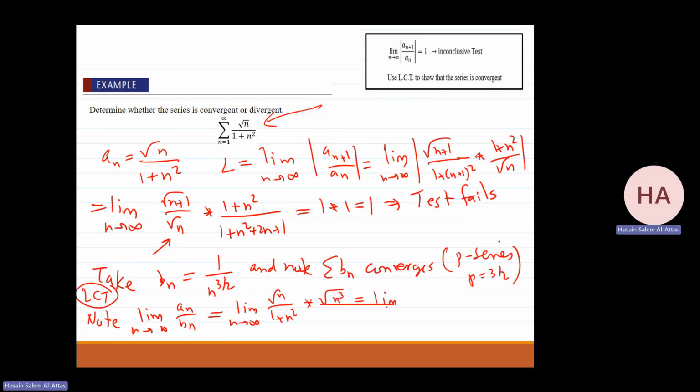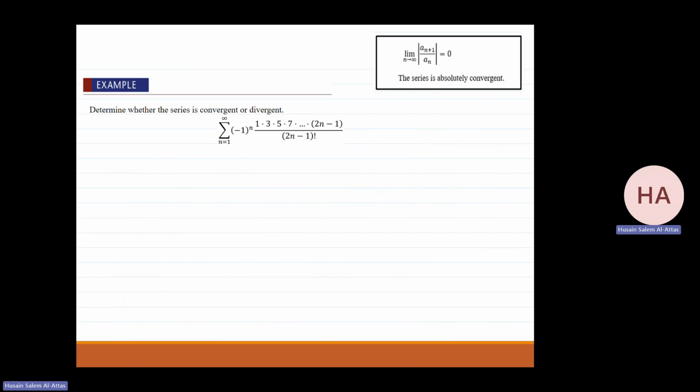That will give me the limit of n squared over n squared, which is 1, positive. So this series converges by LCT. It has no relation with the ratio test. The ratio test fails.